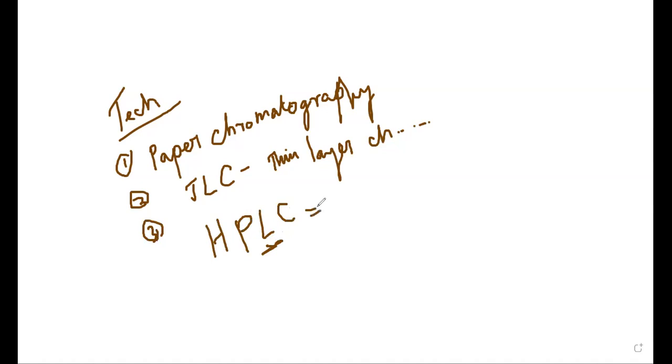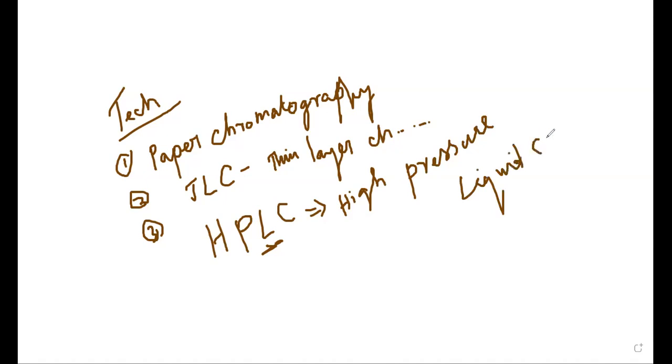That is one of the very important procedures, mostly used for biochemical work in hospitals as well as any other biolaboratory. High pressure liquid chromatography, where C is simply denoted as chromatography.